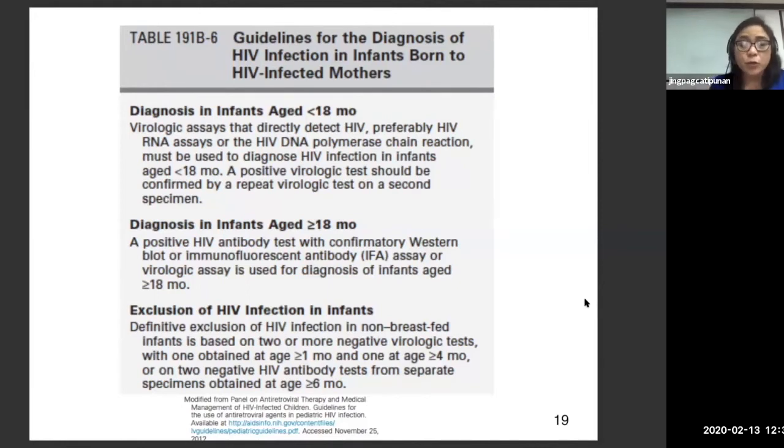Now, exclusion of HIV infection in infants: that's the only time we will say that the infant is HIV negative.